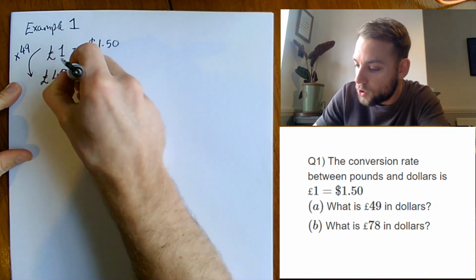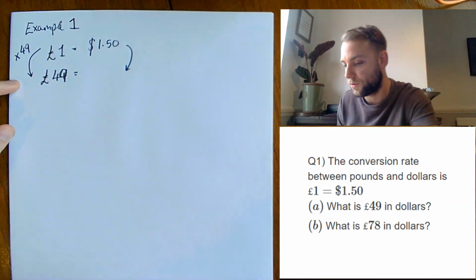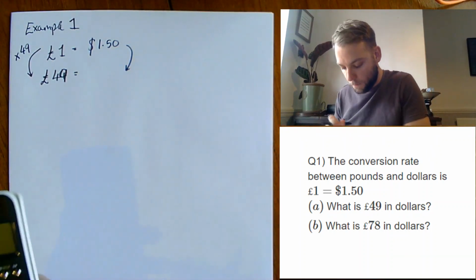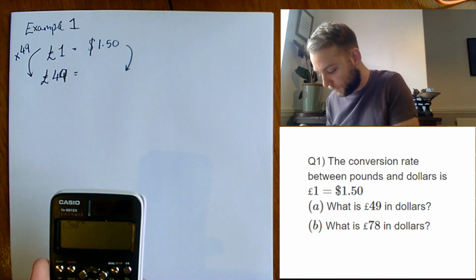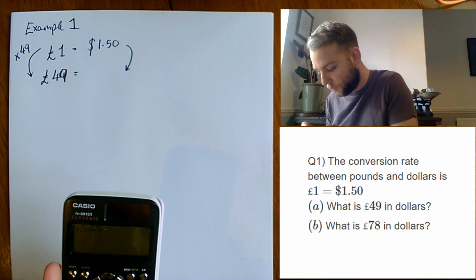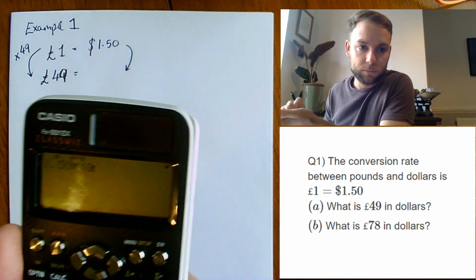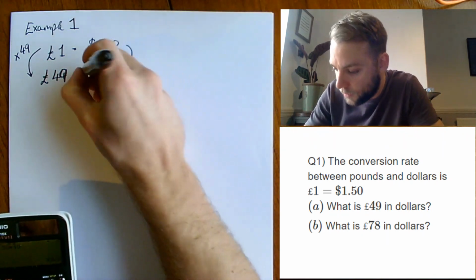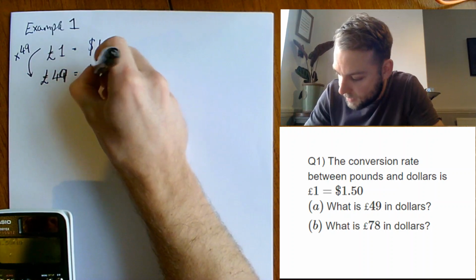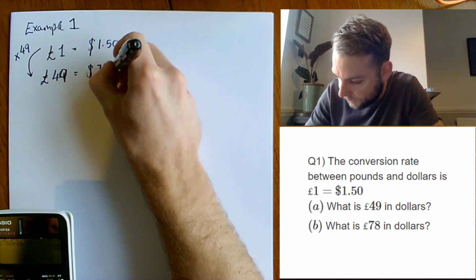So I've got to do the same with this exchange rate. So it's going to be $1.50 times by 49, and in this case that's equal to $73.50.